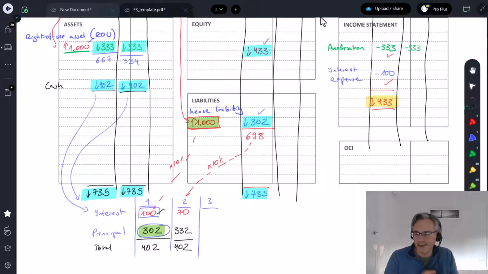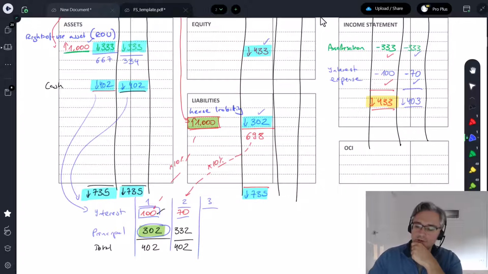There is no other way to work these sums, right? So whatever is deemed to be interest goes to P&L, just like before. It's going to be the 70 this time. And when you add the amortization and the interest expense, you get yourself a 403 downward negative impact on P&L.